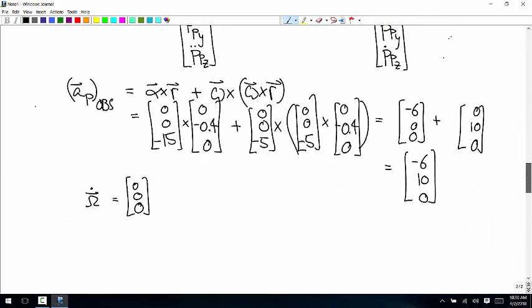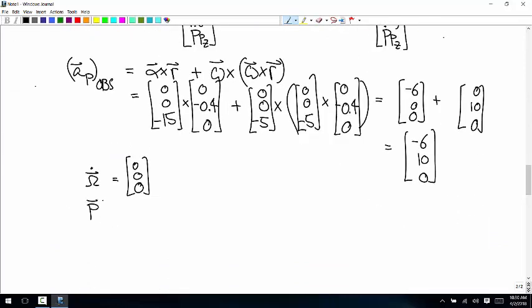What's the position vector? Is that position vector an observed position vector, or is it a true position vector, or what?